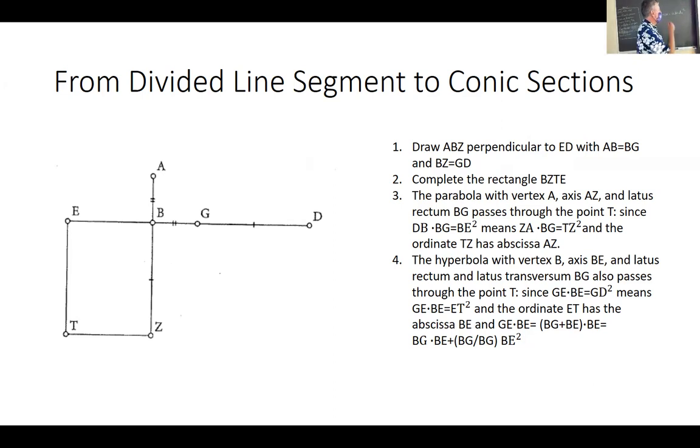Let's double check that. If the parabola passes through here, and this is the axis, and that's a point here, TZ is going to be the ordinate, and AZ is going to be the abscissa.